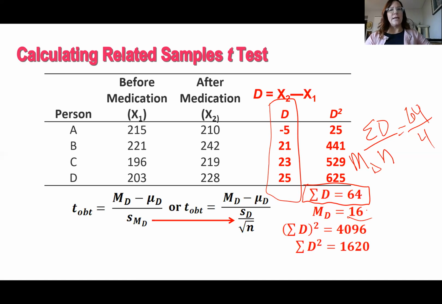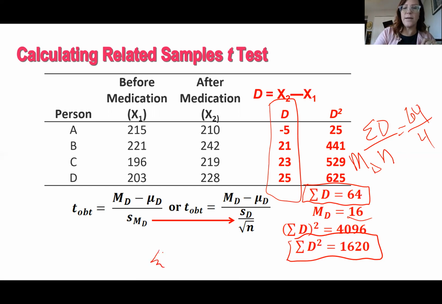Now, this is where, again, you have to be careful, because if you plug -5 in your calculator and square it, you may end up with -25. Well, that's not right. If you square a negative, it should be positive. So be really careful about that. So you're squaring each of those scores to get your sum of D squared, the sum of the differences squared. And then you're going to get your sum of D total squared.